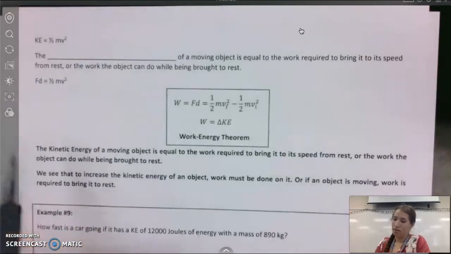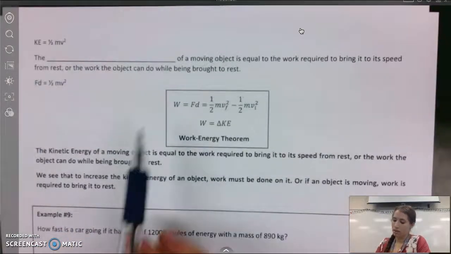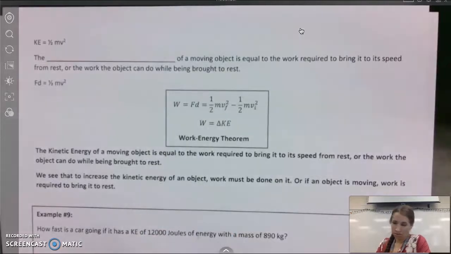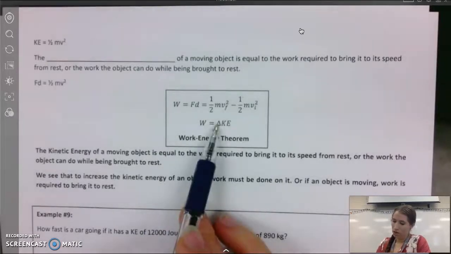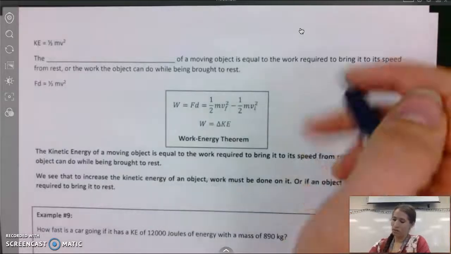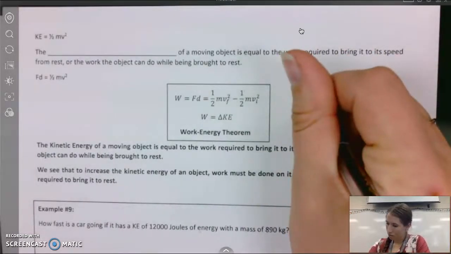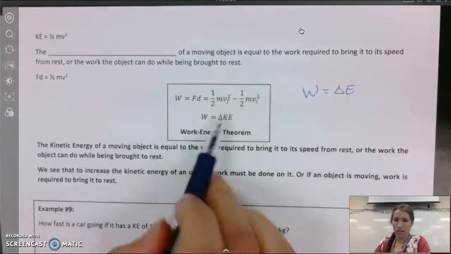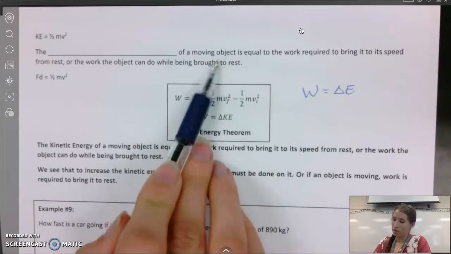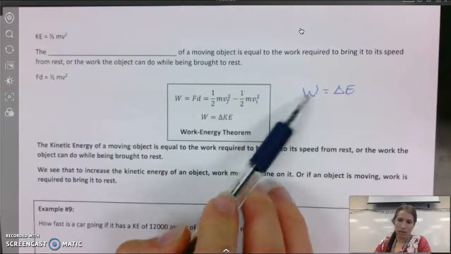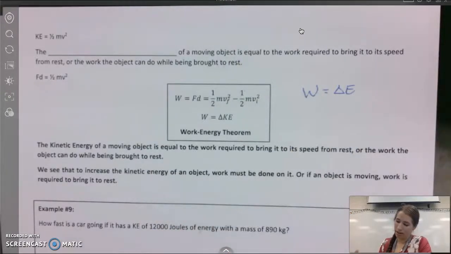We know another equation for work is force applied over a displacement or a distance, and work is equal to a change in energy. This is the case for this particular situation, but anytime we change energy, work was done, or vice versa. And it doesn't have to be kinetic energy, it could be potential energy as well.